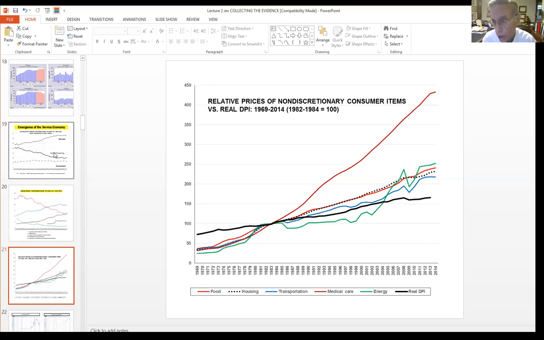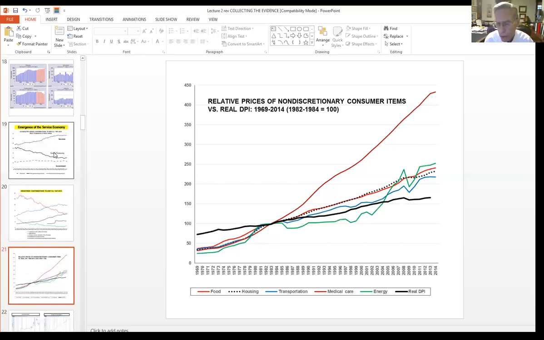Now, in recent years, the increase in healthcare prices has come down because of legislation that affects reimbursements by Medicare, reimbursements for pharmaceuticals and the like, but it's still at a very high level.